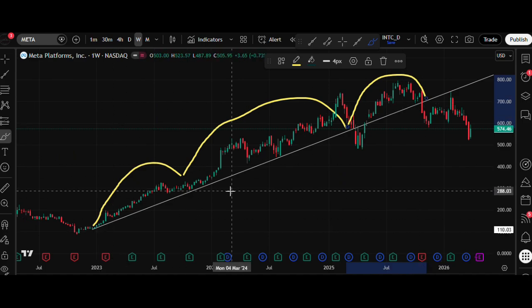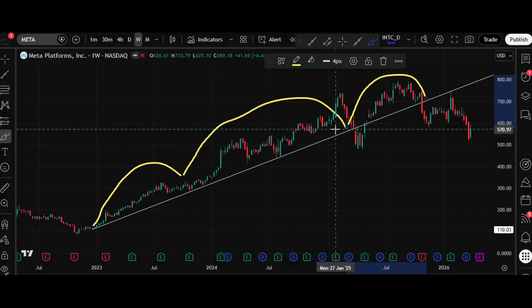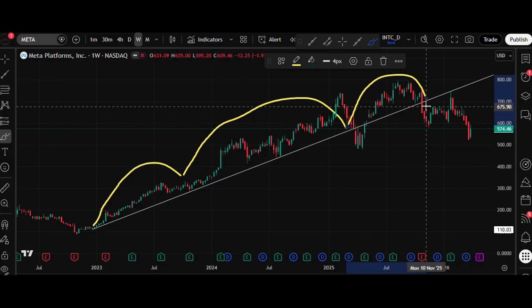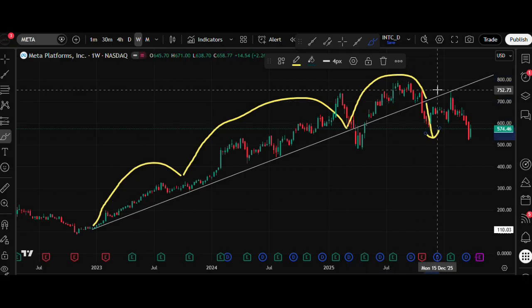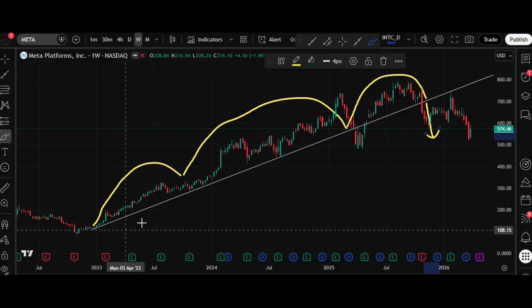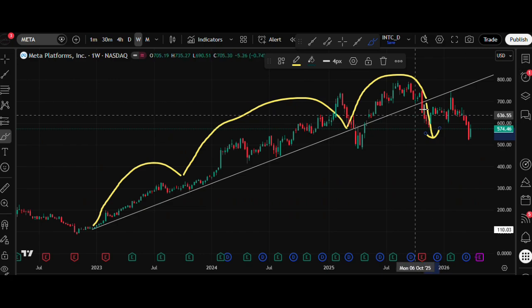So keep in mind, if there are multiple bounces over an upward trend line, those bounces weaken the trend line. Eventually the stock is going to break, or breach, this support. Again, multiple bounces weaken the trend line.